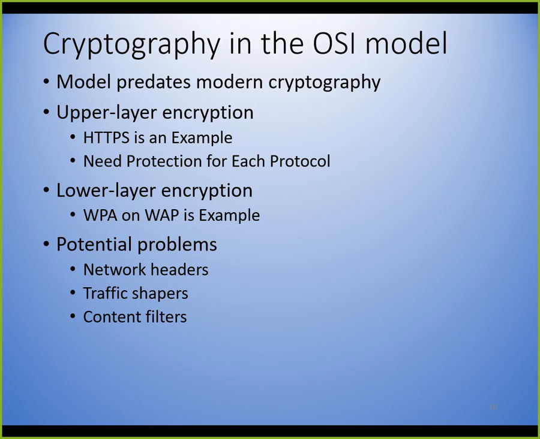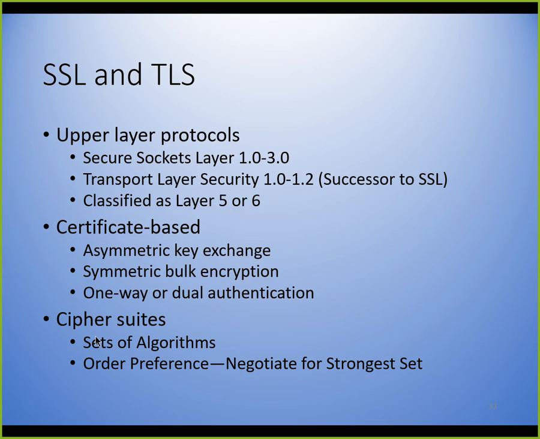Potential problems for that are network headers, traffic shapers, content filters. VPNs may break some protocols. The network headers, the things that go on these things, we're going to look at what happens with them.